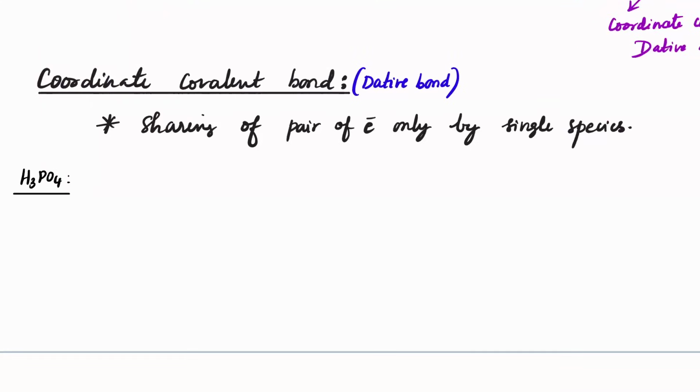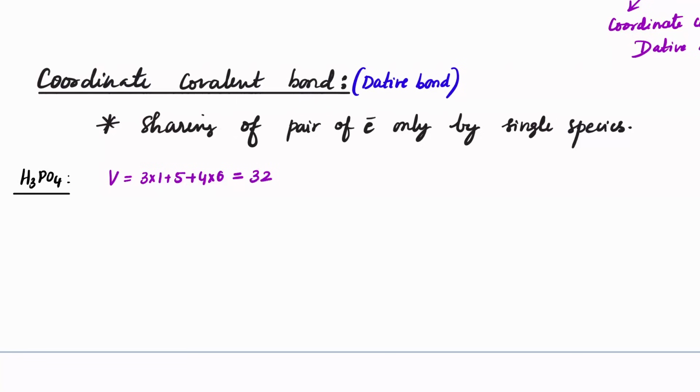First, valence electrons. So you can see 3 cross 1 plus 5, because there are 5 valence electrons in phosphorus, and 4 into 6. So notice this again, this is 24. 24 plus 3 is 27. 27 plus 5, so that makes it 32.